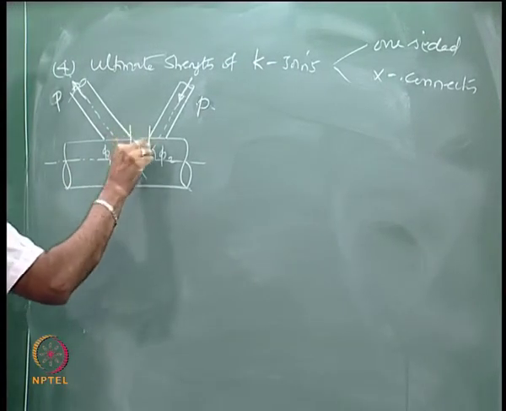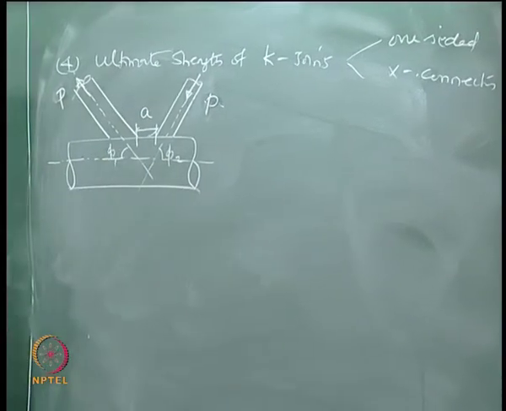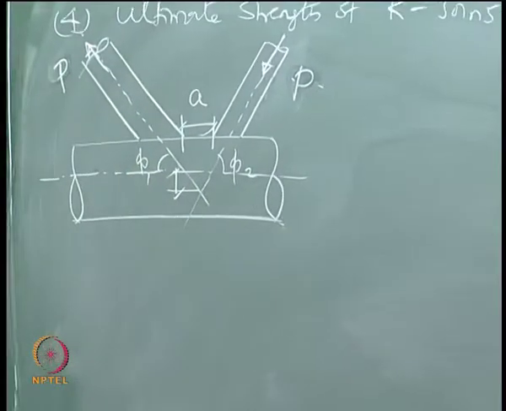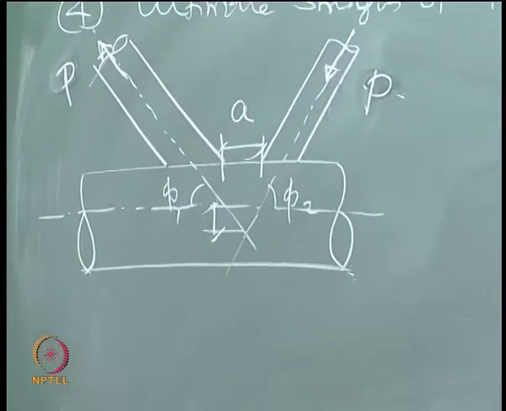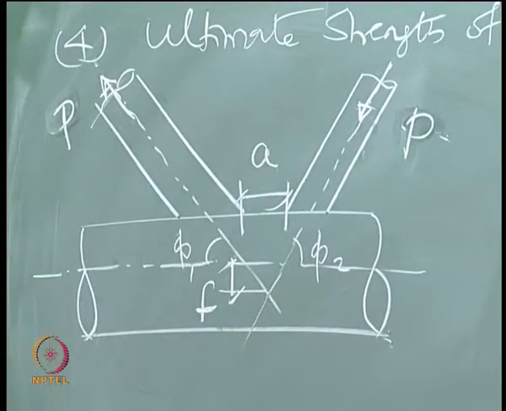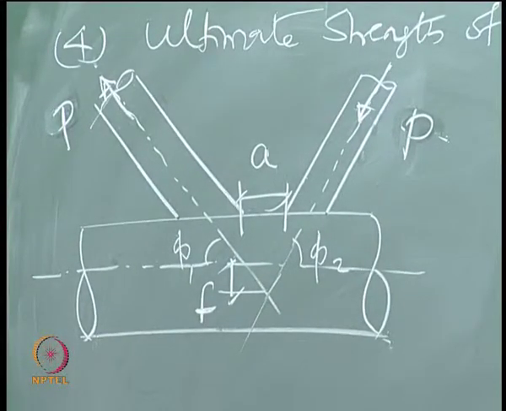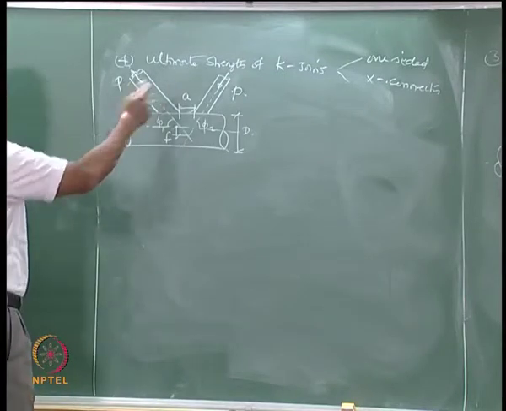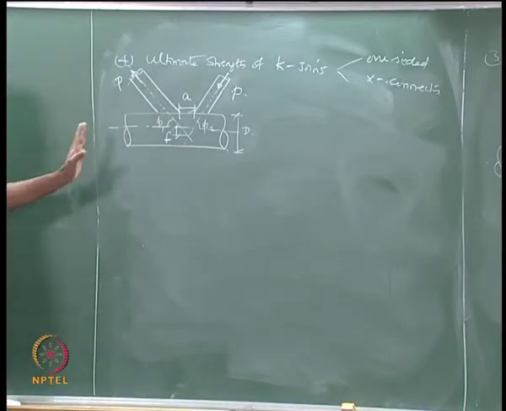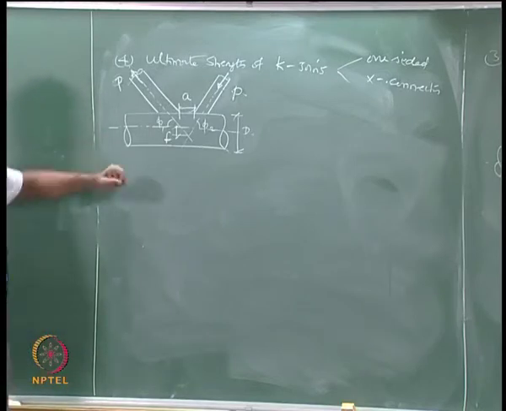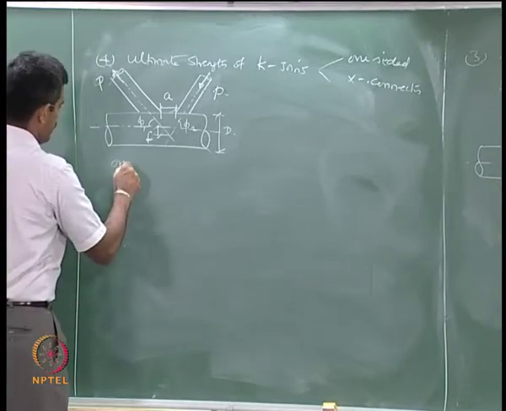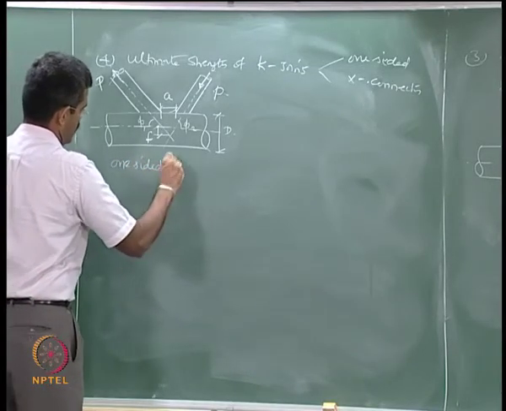And the gap between them is what I call as A, and the eccentricity between the intersection of the braces with that of the axis of the chord is what I call as F. And this is the chord diameter capital D, and of course these are brace diameters D1 and D2. We will talk about why D1 and D2 are not very important. We will either consider D1 or D2, we will see why. This is what we call one sided K joint.